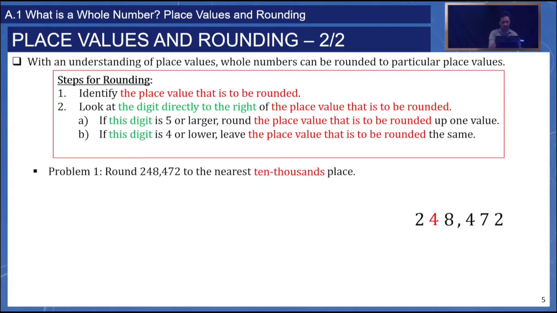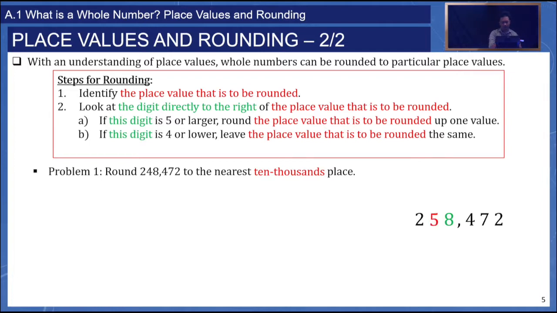So the number to the right, again, is 8. It's in green. And then ask yourself, is 8 5 or larger or 4 or lower? You would say 5 or larger. So you would pick choice A. Now, because you picked choice A, what do you do? You round the number in red, the number you first identified, up 1 value. So if you add 1 to 4, you get 5.